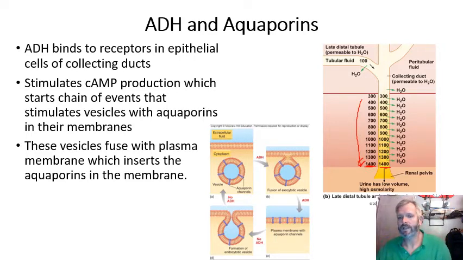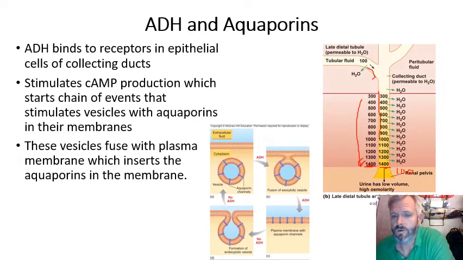All right, so without ADH, where would we end up down here? We were at 100. That was without ADH, because we were not permeable to water here. So what is the effect of ADH? In these cells that line this collecting duct in the late tubule here, they have these vesicles with these little purple aquaporins.